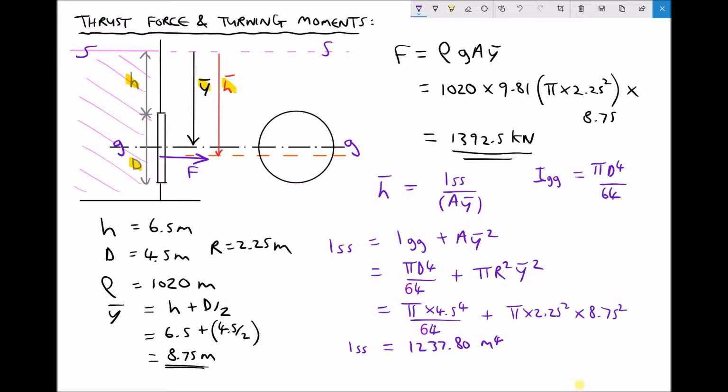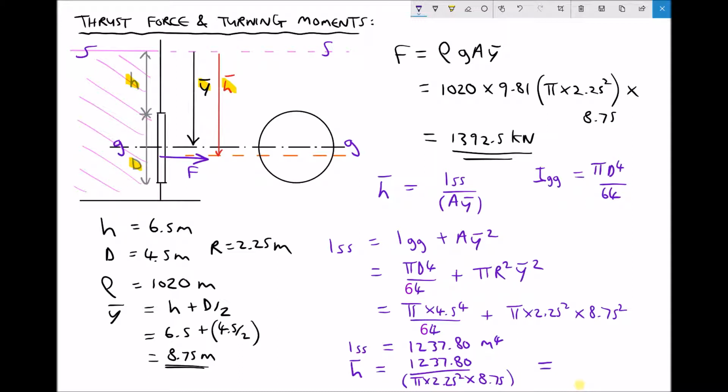But recall that it isn't really ISS we want to calculate. What we want to calculate is h bar, and h bar is ISS over A y bar. Well, we have our value for ISS, 1237.80. Our area is pi times 2.25 squared, and y bar is 8.75.